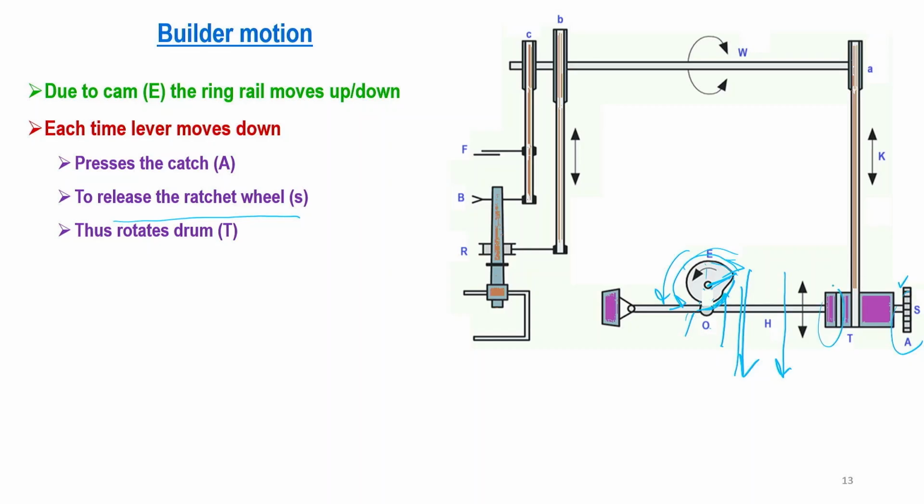This drum will be rotated and it will wind some small quantity of rope, which will result in permanent shift of the ring rail. So, as we have, this is one layer, the next layer will start a little bit above, in this fashion it will move.